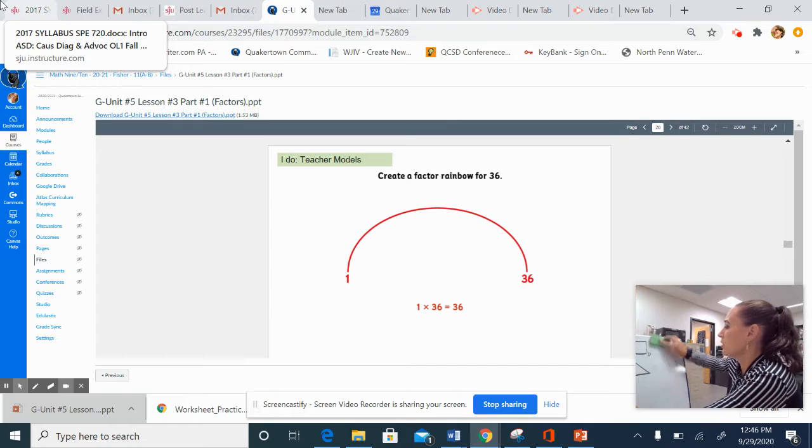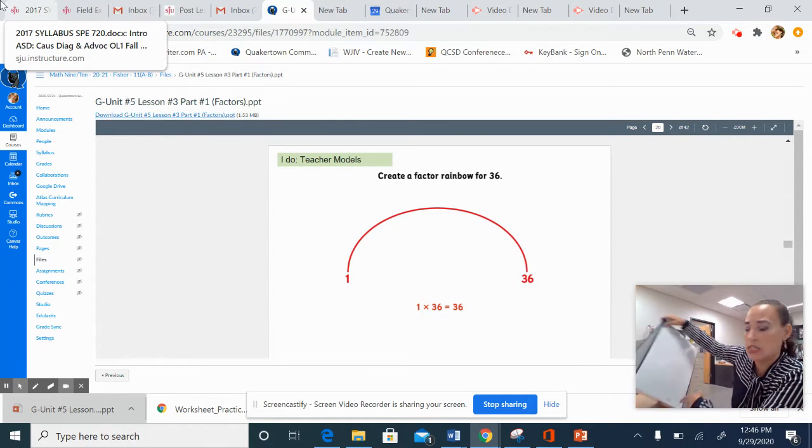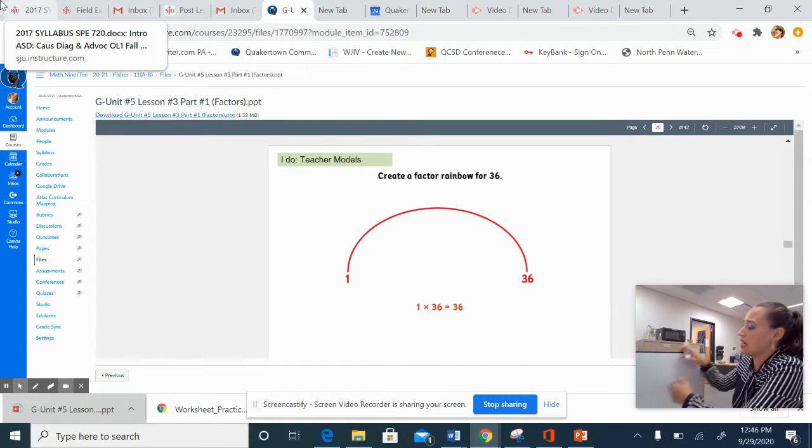Okay. So when you're creating a factor arc, this is more like a visual representation to help you see. For 36, my number is 36.